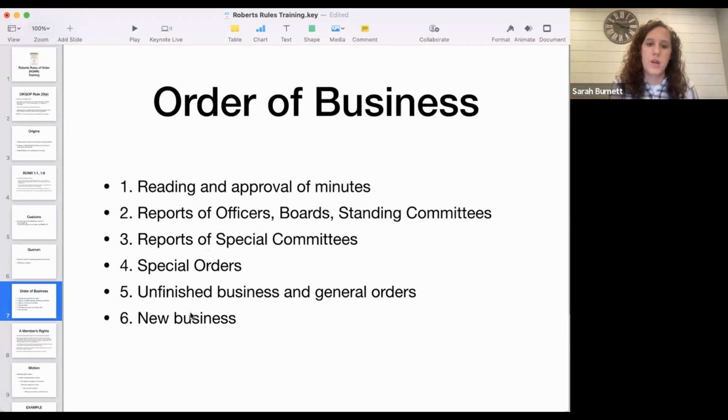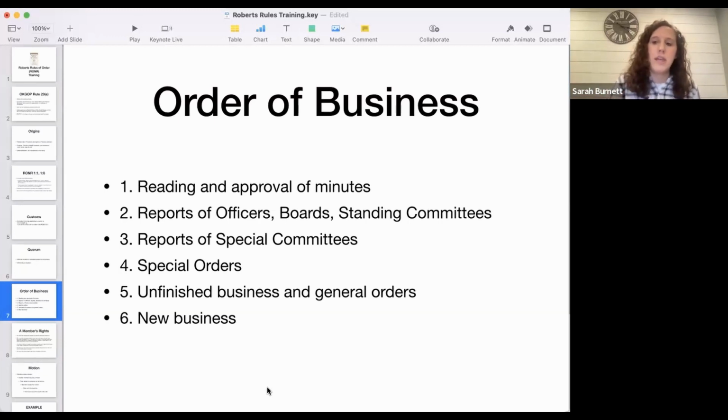I'll point out that new business is standard on an order of business, and what I love about new business is it allows any member to bring business that they see as important. Going back to that fundamental principle that we're a deliberative assembly: if we're deliberative, we have to be able to deliberate, and to deliberate, we need an opportunity on an agenda to do that.